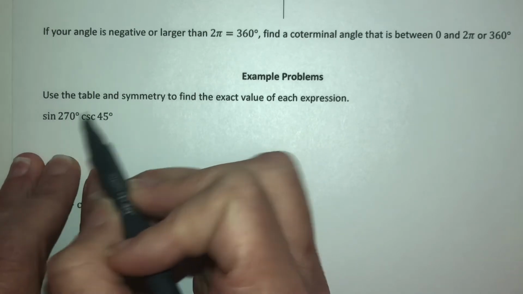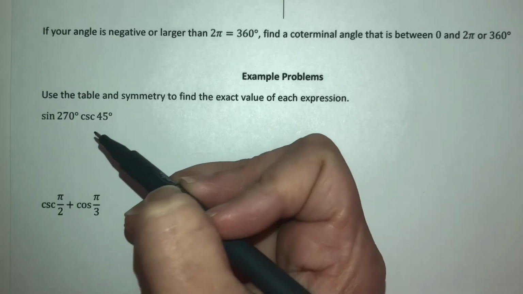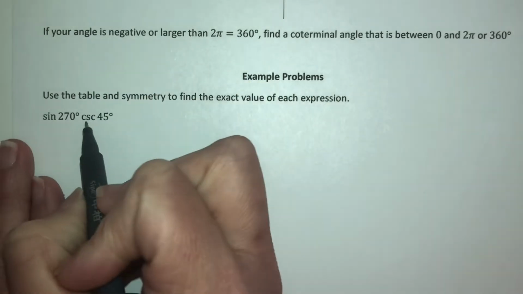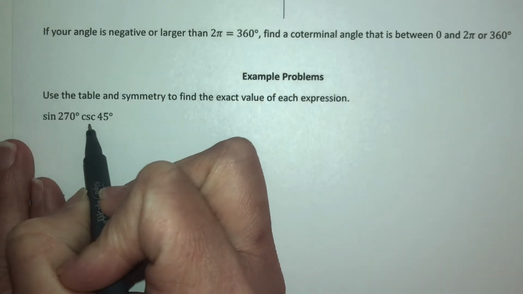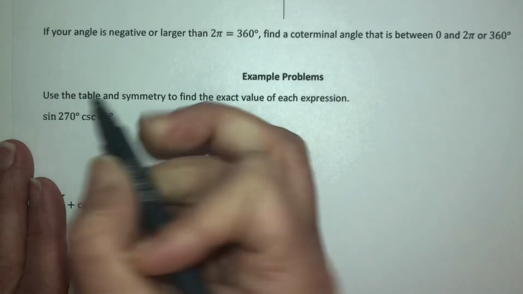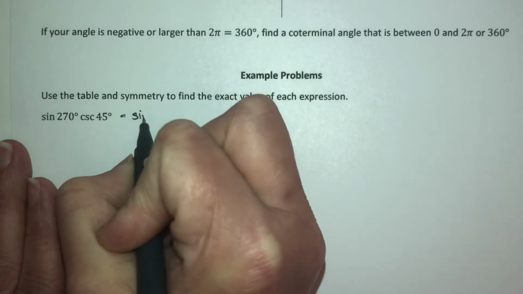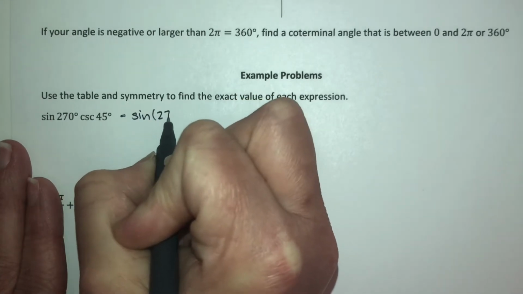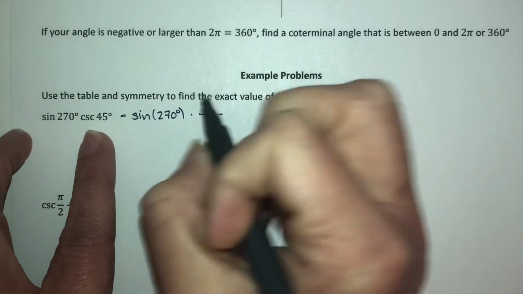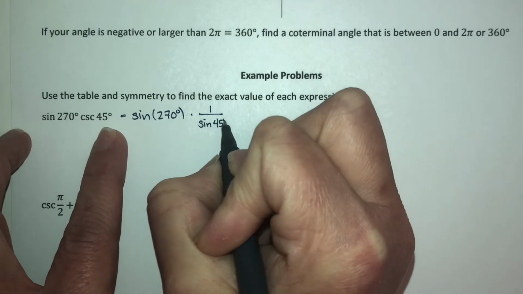Now we know these in terms of x and y, and we have them basically with sine, cosine, and tangent. So we need to remember what cosecant is the reciprocal of, so cosecant goes with sine. So what I have here is sine of 270 degrees times 1 over sine of 45 degrees.